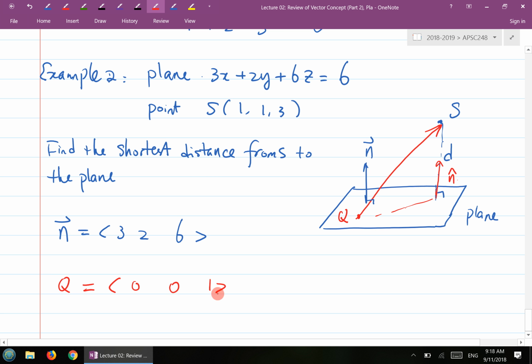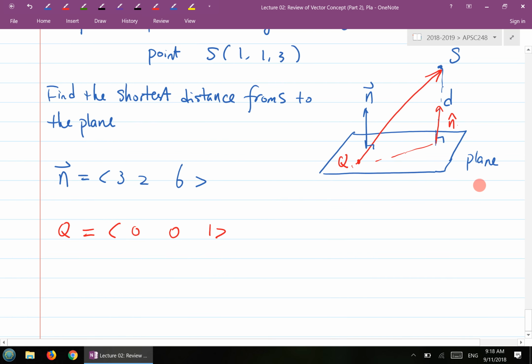But you can't assume all to be 0, because if you put 0, 0, 0 here, it doesn't satisfy the plane equation. The bottom line is that Q needs to satisfy the plane equation. So you can literally generate an infinite number of points Q on the plane. It's up to you, but you can choose the easiest one.